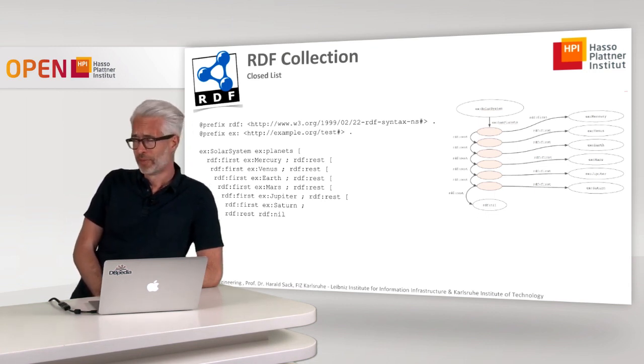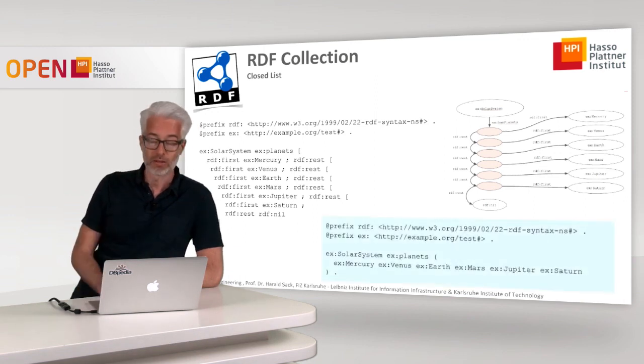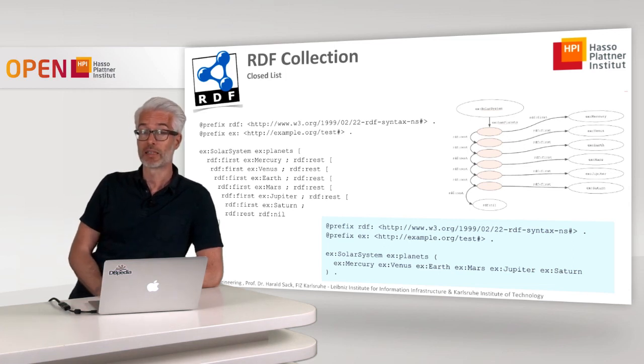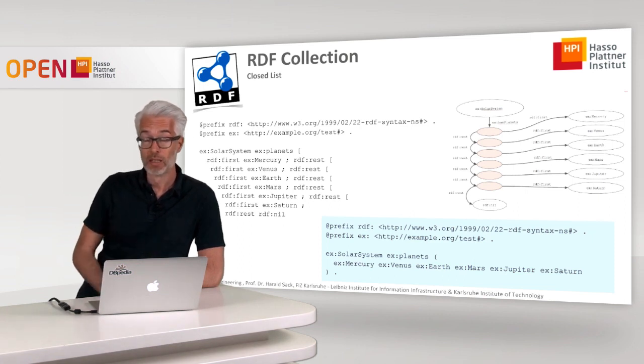And of course, Turtle somehow was about abbreviating things. So this is way too complicated, way too long. Therefore, the designers of Turtle have given us this nice representation of an RDF collection. Instead of the square brackets that you use for the blank nodes, to define an RDF collection, you simply use parentheses or round brackets.